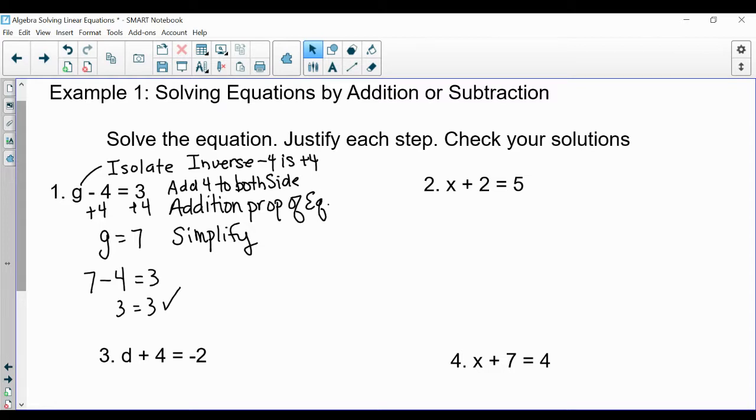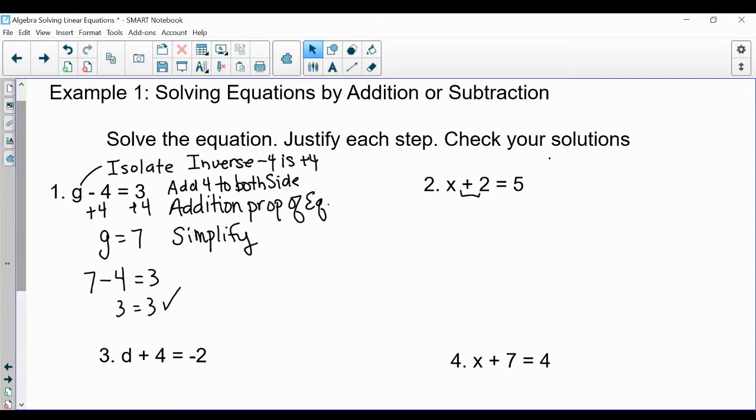Okay, if you want to pause the video and try number 2, you can do that. My question to you is, which property am I going to use? I'm looking at how I'm going to get rid of the number next to the variable, and I can see that the number next to the variable is a positive 2.